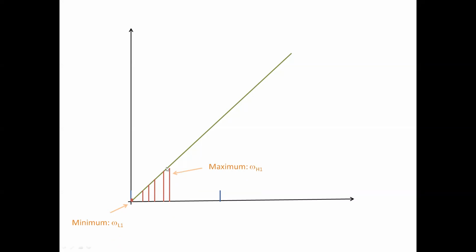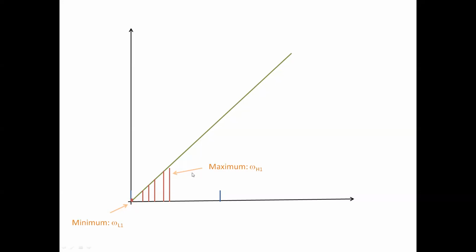So this is omega H1, this is omega L1. And apart from these two omegas, we could have drawn other omegas at any of these points. In these cases, the rectangle would have a larger area than this omega L1.